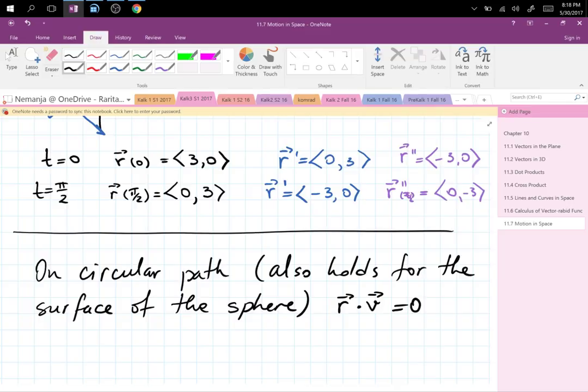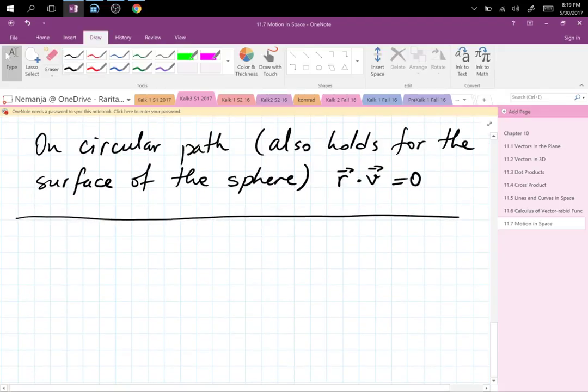Now, down the line, if you continue pursuing mathematics, this will lead into more cool stuff to study. Now, how can you prove that objects move on the circular path or the sphere? Well, you do the dot product, and if the dot product is 0, then that's it.